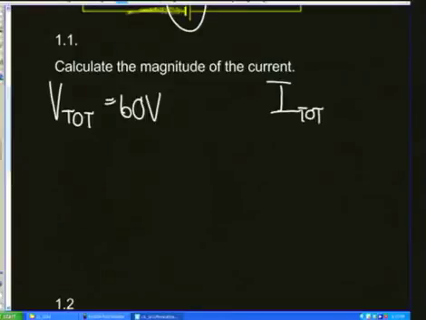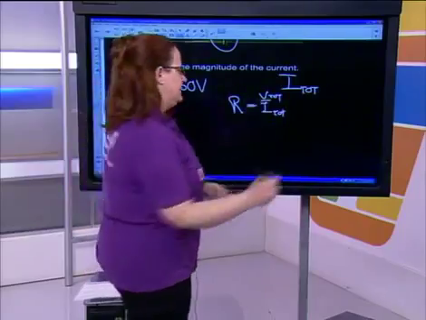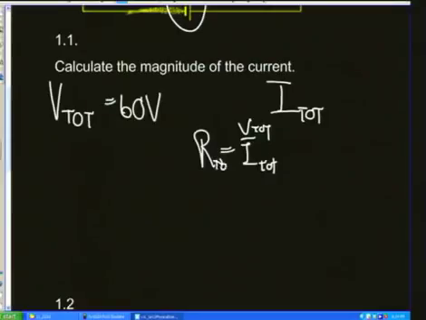Now we say to ourselves, well, to get I total, this is the easiest equation, the most basic. So we go, okay, R equals V over I. I know I'm probably going to have to use V total because I've got it. I want I total, which means I'm probably going to need R total.